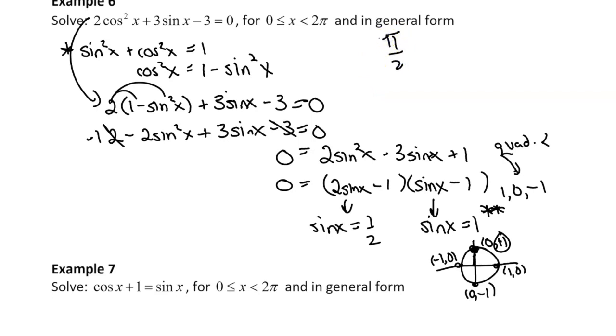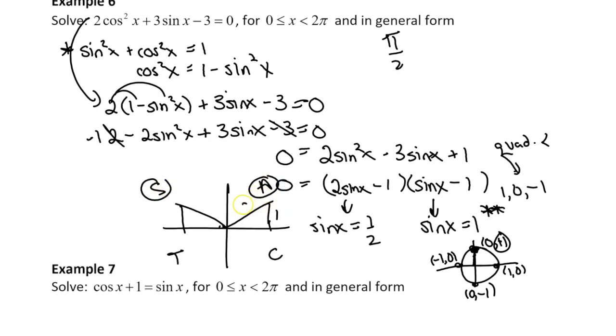And then for when sine x equals 1/2, you could draw your CAST. You know that sine is opposite over hypotenuse, positive in quadrant 1 and quadrant 2. That's going to give you a pi over 6 and a 5 pi over 6 solution.